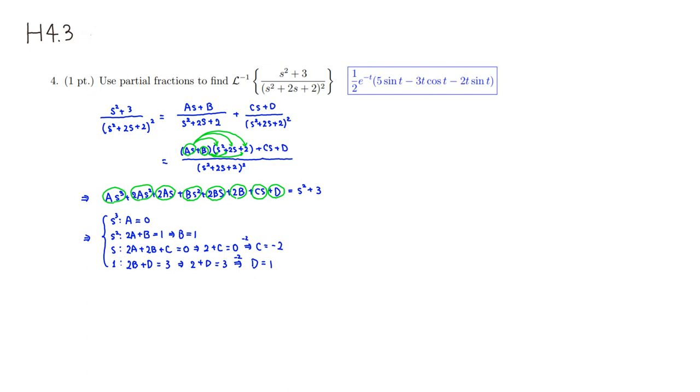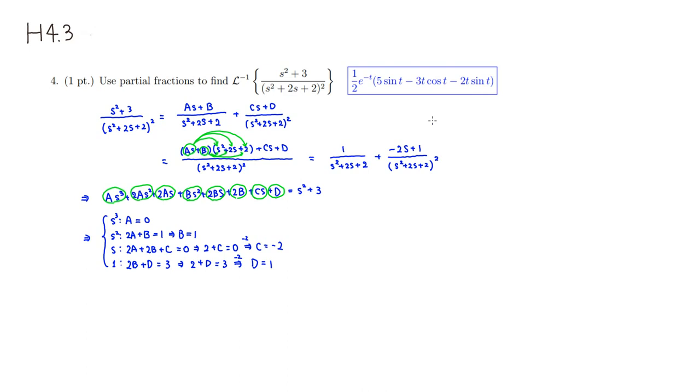So we can rewrite this with a is 0 and b is 1: 1 over (s squared plus 2s plus 2), plus, since c is -2 and d is 1, (-2s plus 1) over (s squared plus 2s plus 2) squared.